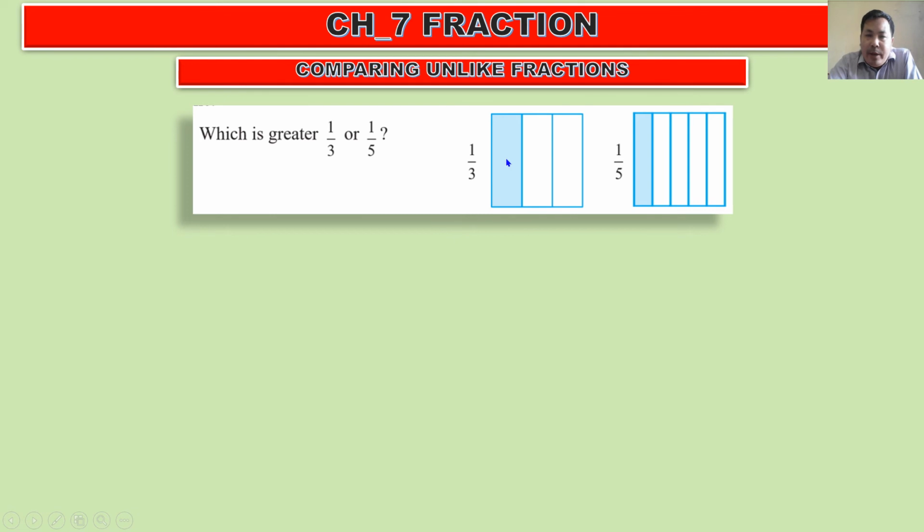So we compare one fraction of each, and we can find that the size, or we can say the texture of the portion, has been proved that the fraction in the first one is larger.